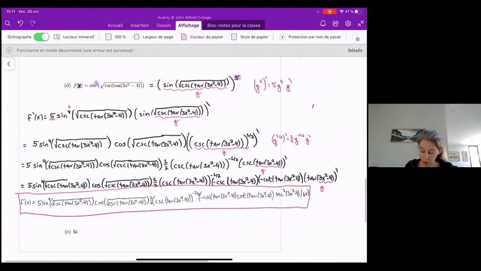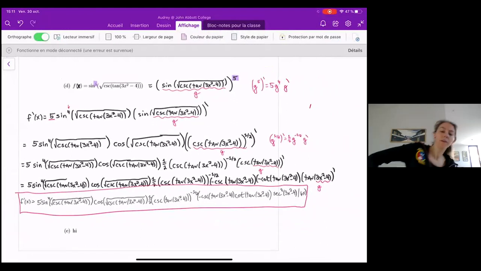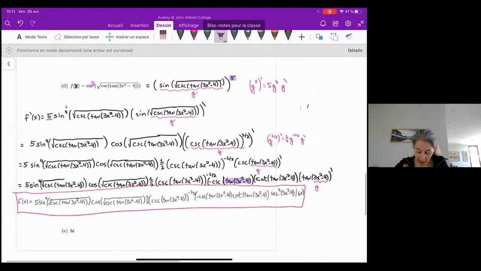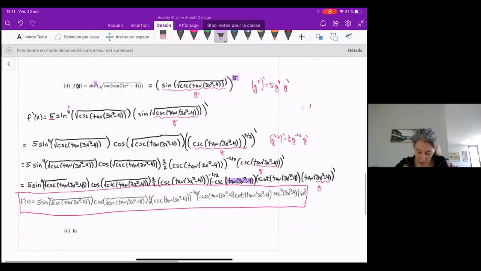So now this is also important. The derivative of cosecant is negative cosecant cotangent, where cosecant and cotangent are both being evaluated at the same place. So notice here, I'm going to highlight this. This negative cosecant cotangent, it looks like I put a negative twice and I should not have. So this is negative cosecant cotangent, and both of those are being evaluated at tangent of 3x squared minus 4.